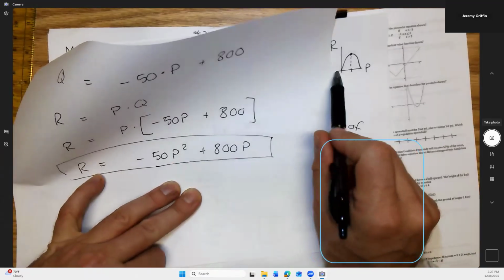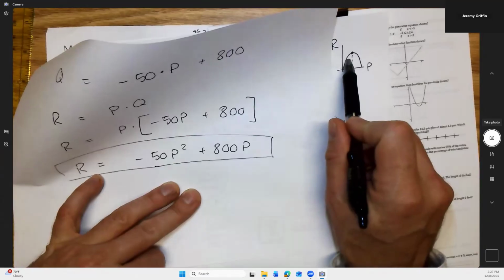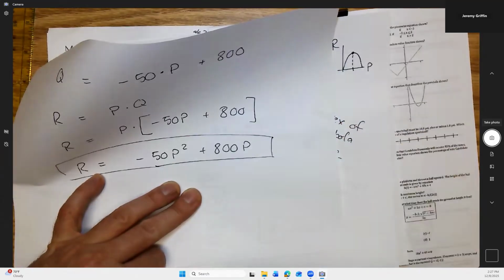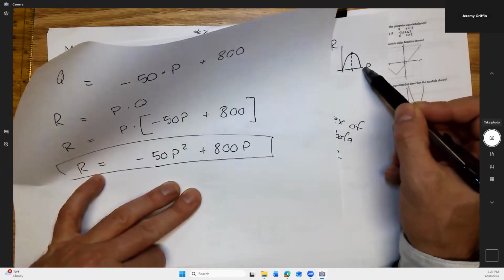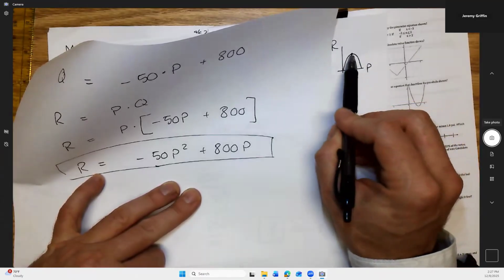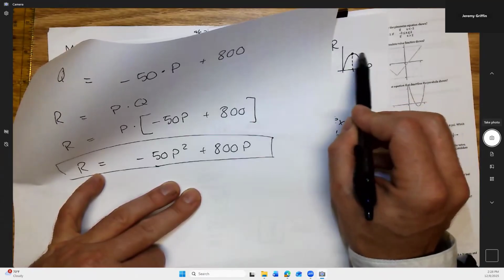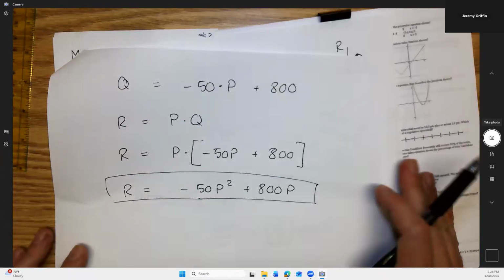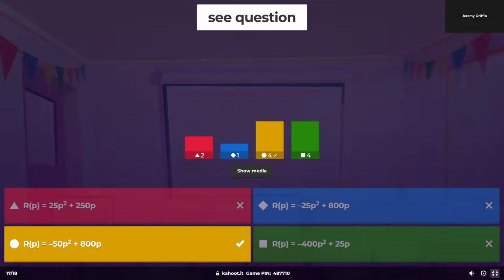That's that point on the graph right there. As I increase the price, it will start to make more and more money. But at some point, maybe I raise the price so much that nobody even wants to buy it anymore. Now it causes it to bend back down, wouldn't it? Do you see this point right here on the parabola, the vertex? Doesn't that represent your maximum revenue? And that's the next question: what price do you have to set to maximize the revenue?